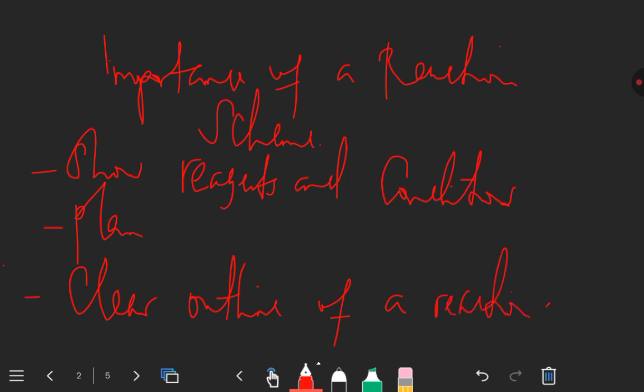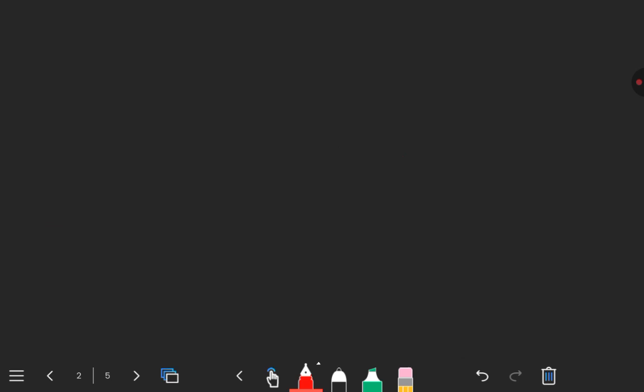Alright, so now let's look at examples of reaction mechanisms. So we might be asked, in most exam papers they will usually say, predict the reaction scheme. Predict the reaction scheme.